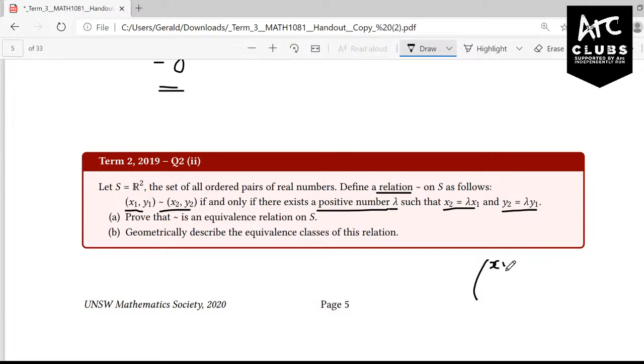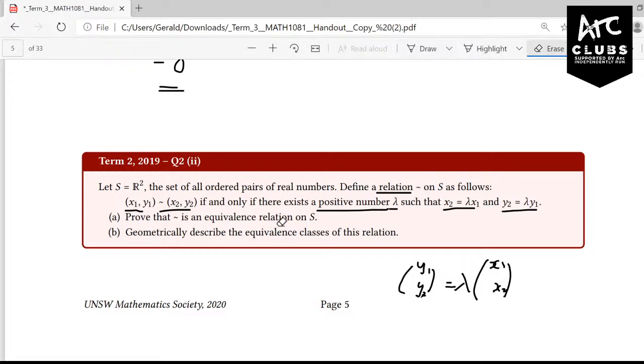So x1, x2 is the same thing as saying if you take two vectors, y1, y2 here, that's equal to lambda times it, meaning that they are multiples of each other. So that will describe all of the equivalence classes for this relation.